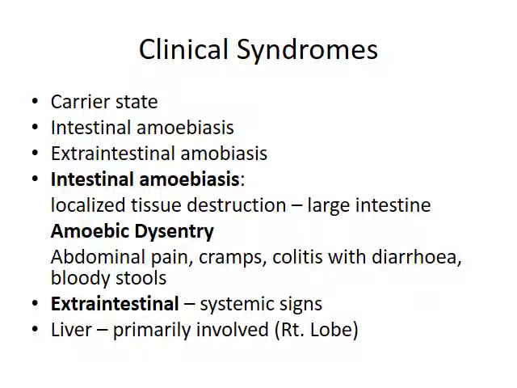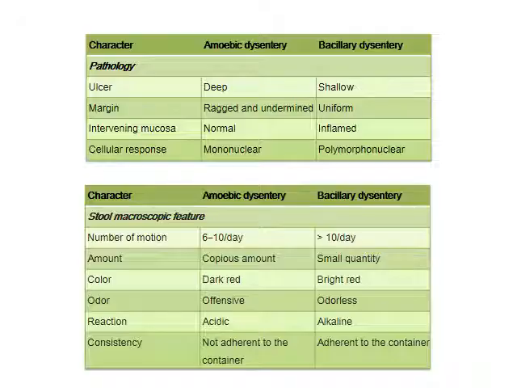Now remember, when we talk about dysentery, we have already talked regarding Shigella dysentery also. So we will see some differences between amoebic dysentery and Shigella dysentery. Some pathological differences of the manifestation of dysentery, that is amoebic and bacillary.